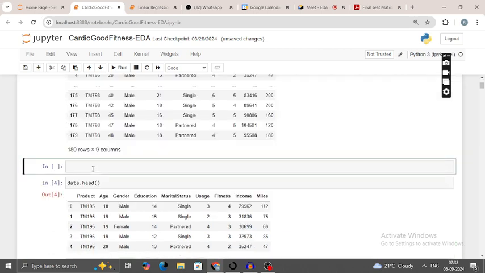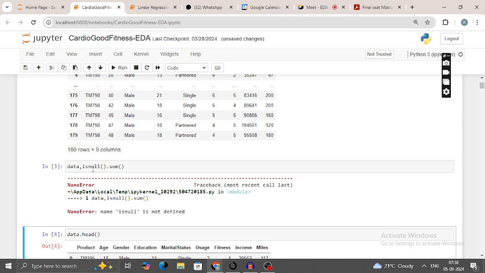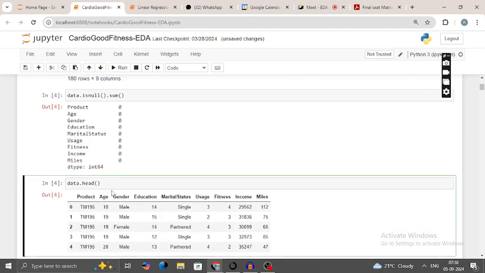So you do data.isnull().sum(). I'm checking if there are any null values. So, data.isnull().sum(). No null values are there. This is the head, the first five rows.